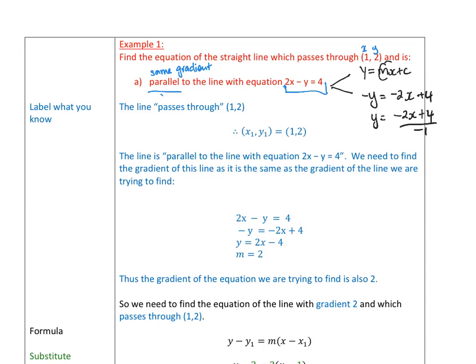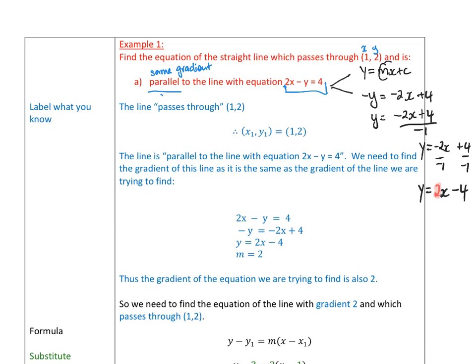That's like saying -2x over -1 plus 4 over -1. So what would that simplify to? A negative 2x? Good, because a negative divided by a negative gives a positive, but this one will be -4. Good. So what's the gradient there? 2. Yeah, we can see the gradient's 2. So we know the gradient for our line is 2.